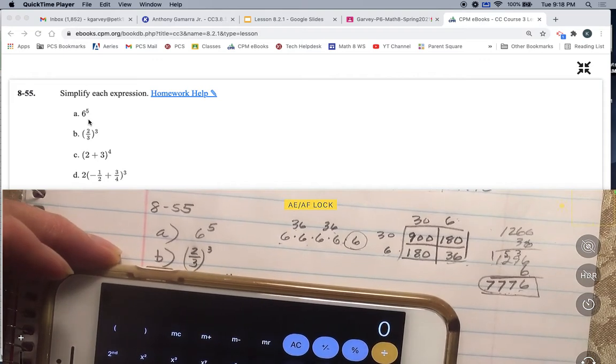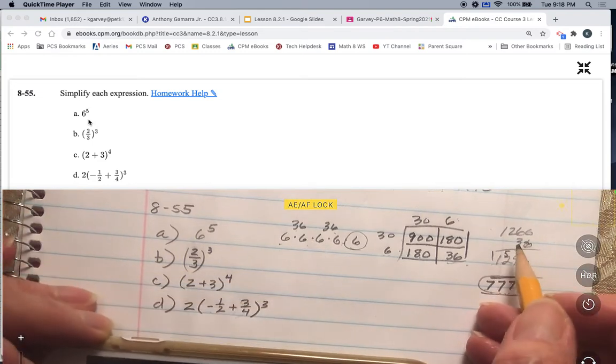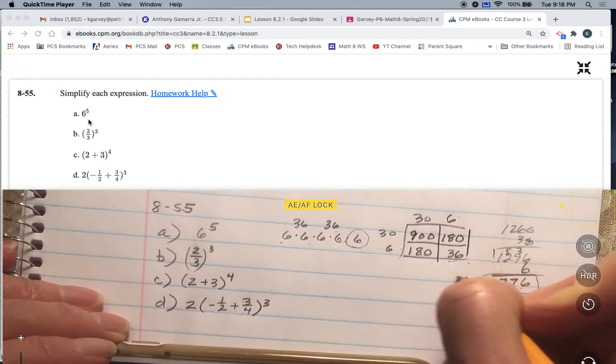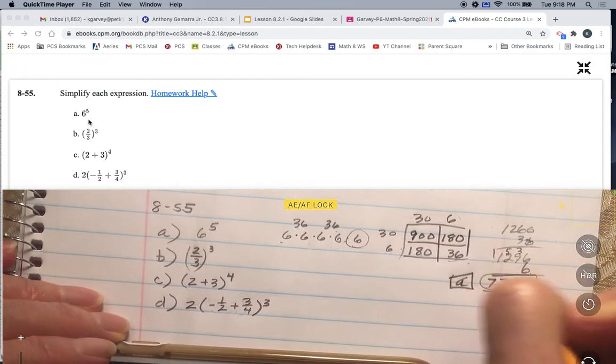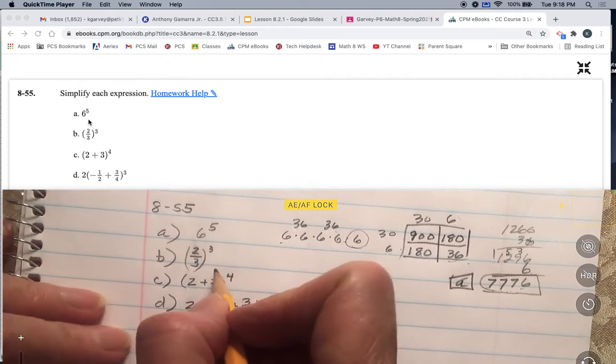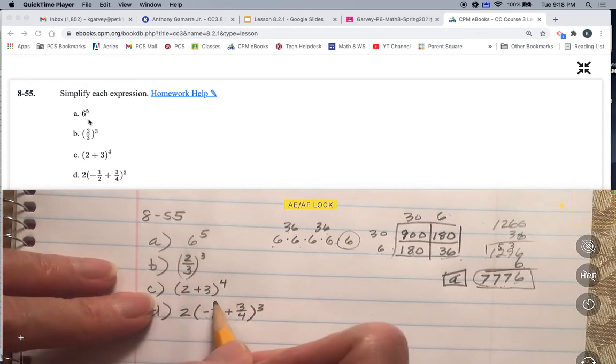The base was 6. I'll put that in, then use this function and put in the exponent, and that turns out to be 7,776. So I know that this is correct for A, 7,776.